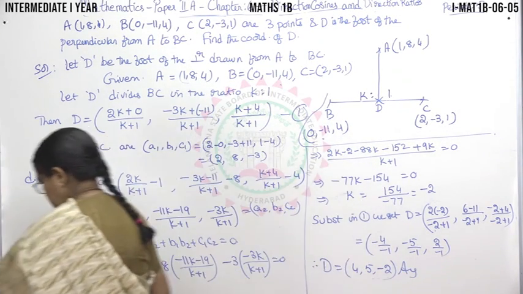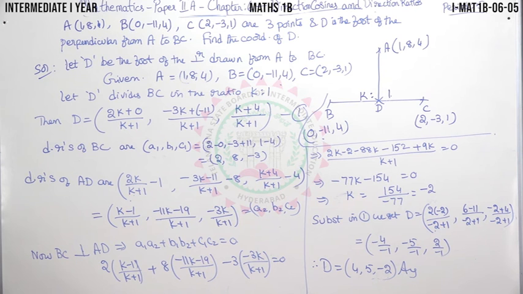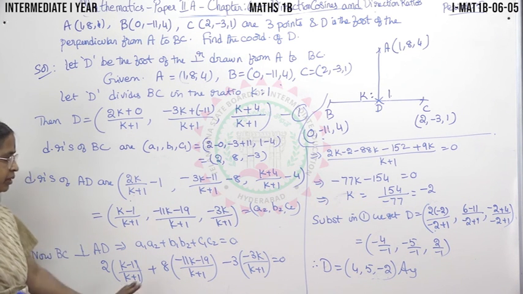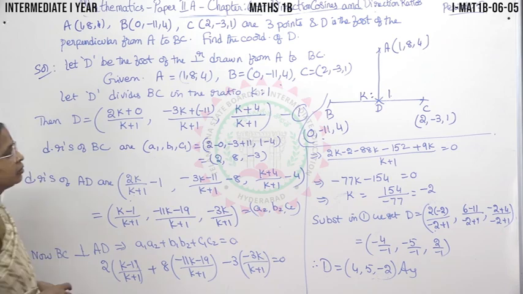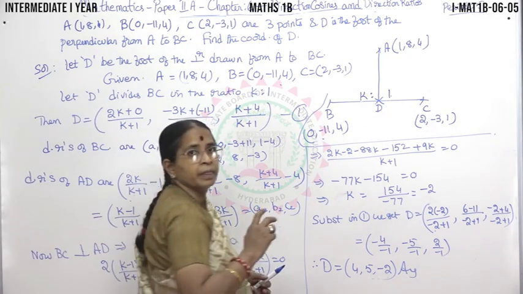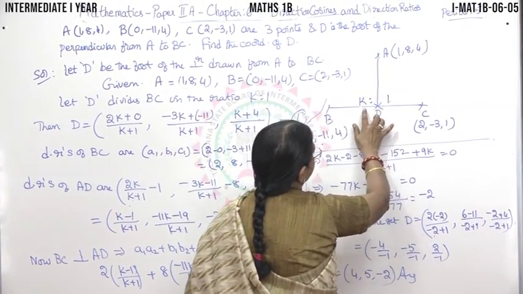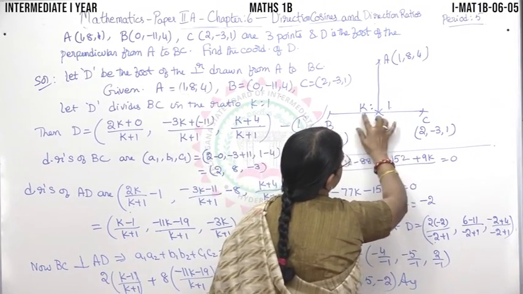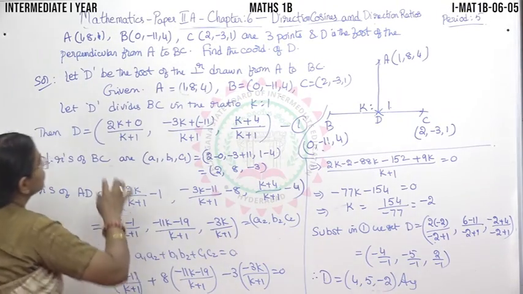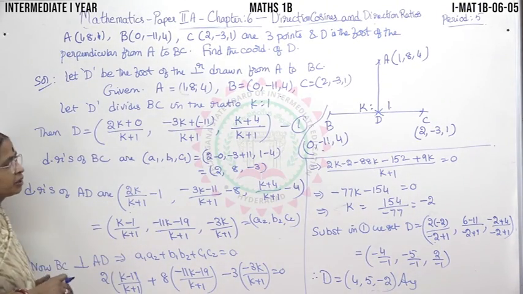So the coordinates of D are 4, 5 and minus 2. This is the procedure. You find the coordinates of D, assuming that D divides BC in the ratio k is to 1.